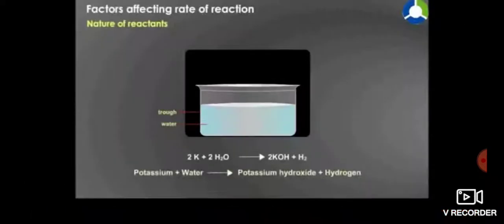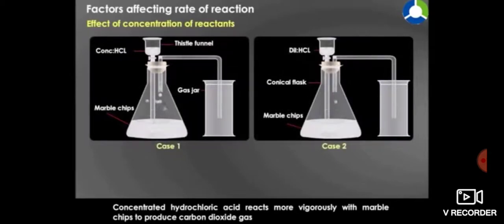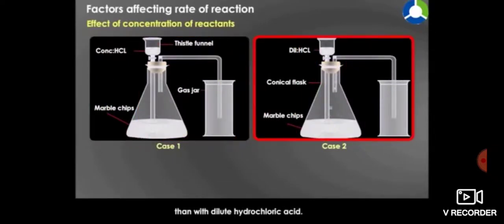2K potassium plus 2H2O water gives 2KOH potassium hydroxide plus H2 hydrogen. Effect of concentration of reactants. Concentrated hydrochloric acid reacts more vigorously with marble chips to produce carbon dioxide gas than with dilute hydrochloric acid.